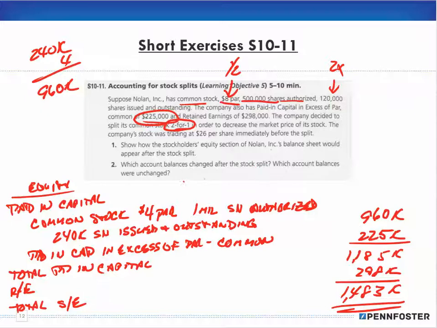And then it says number 2, which account balances changed after the stock split? Which account balances were unchanged? Okay, the balances in the accounts. So even though this information changed, these balances haven't changed at all.